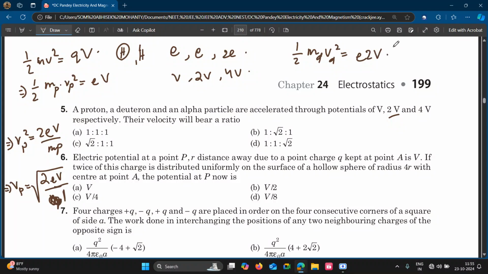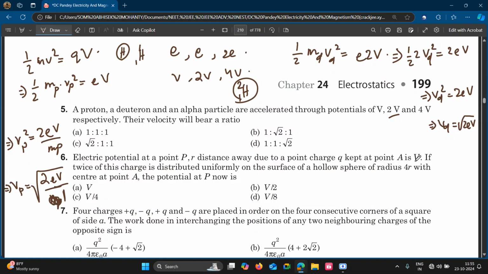Deuterium is H 1 2, so 2 is the mass. Half into 2 into Vd squared is equal to 2eV. So Vd squared is equal to 2eV, and Vd is equal to root 2eV. Correct?